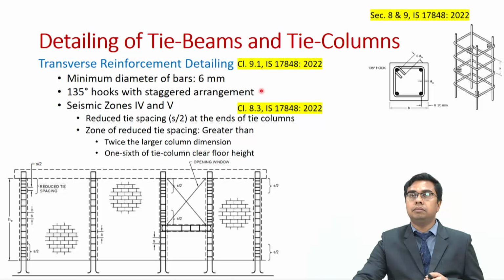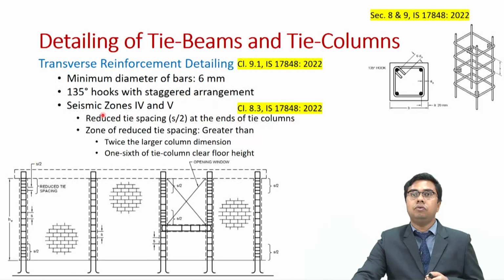They shall be a minimum diameter of 6 millimeters, and we shall also provide 135-degree hooks with a staggered arrangement as shown over here. You can notice that in the tie column this has been put as a staggered arrangement. The hooks are staggered when it comes to consecutive stirrups or hooks.